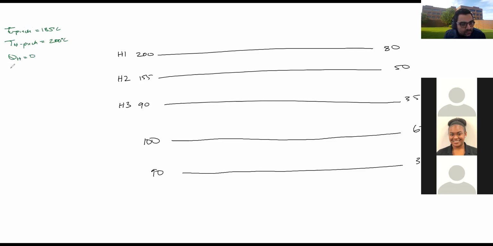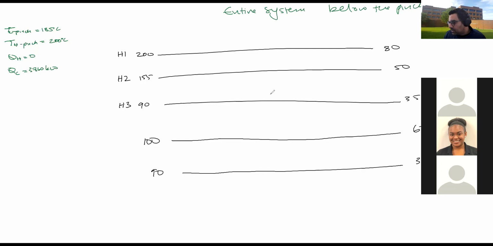QH is equal to 0. QC, 3860 kilowatts. And since the entire problem is below the pinch, you don't really need to draw your two lines. You just need to acknowledge that the entire system is below the pinch. However, you just always remember the rules of the game below the pinch, right?